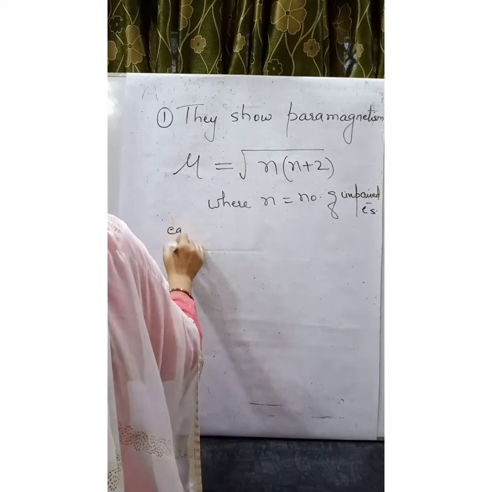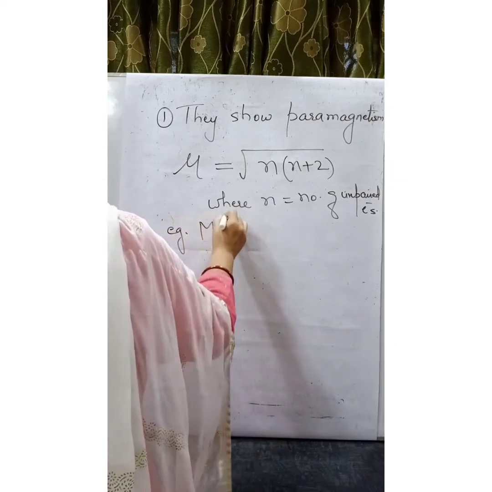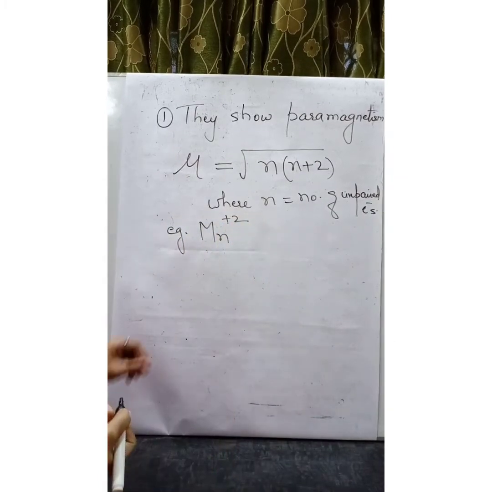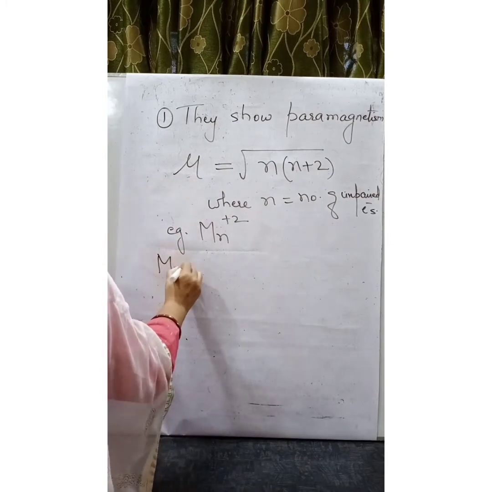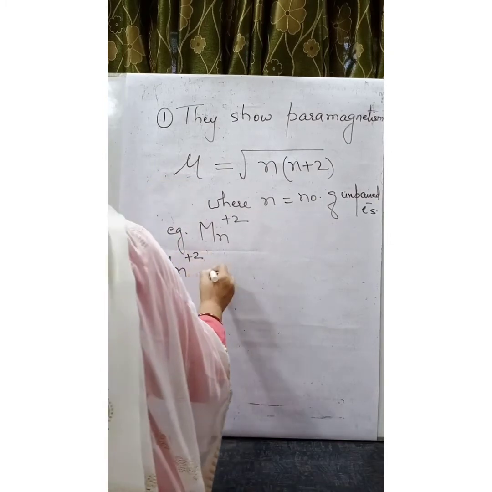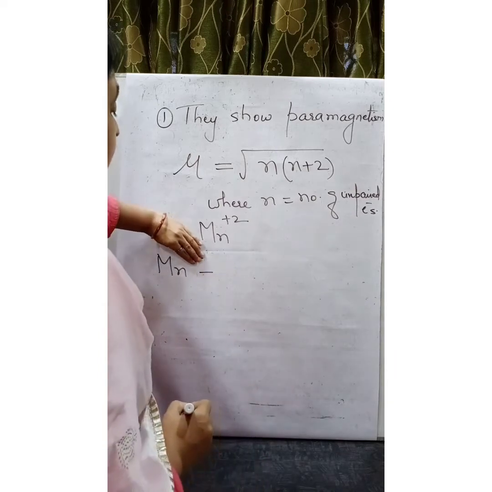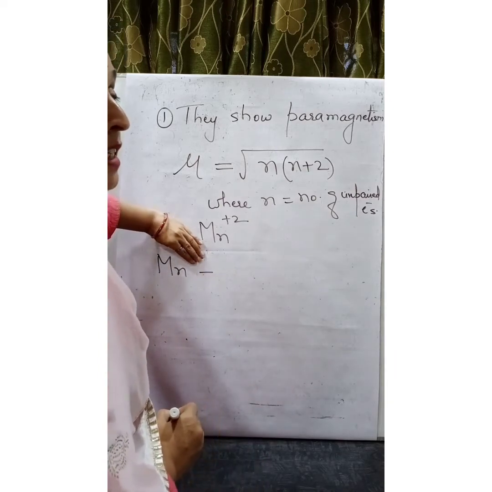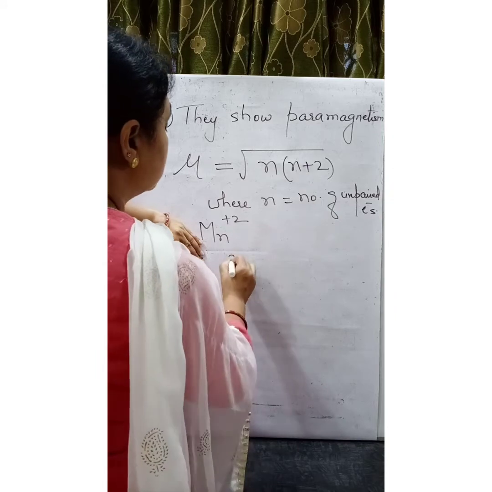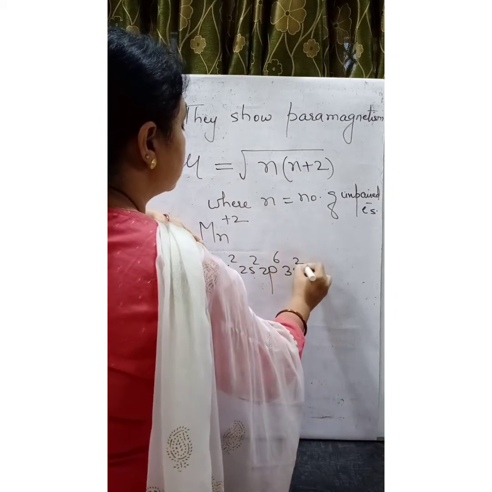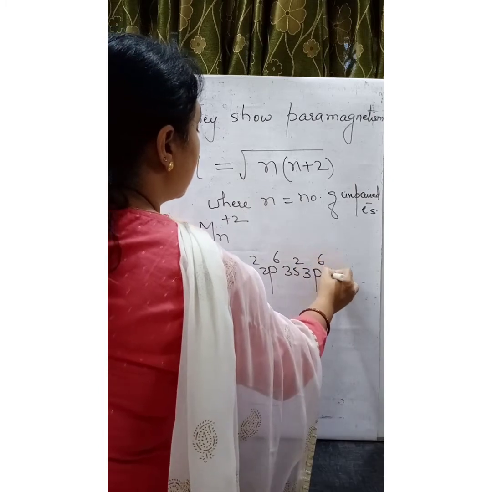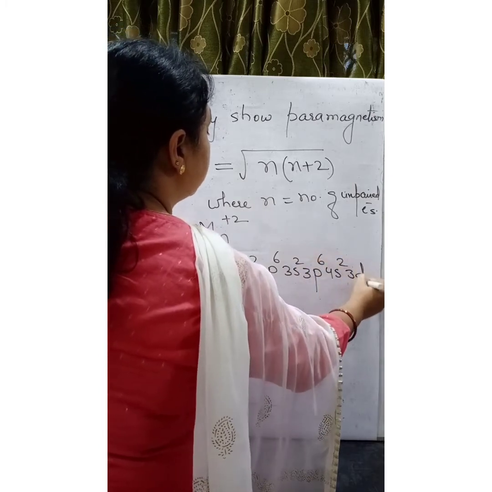For example, in case of Mn2+, if we want to calculate the magnetic moment mu, first of all put down the electronic configuration of Mn as an atom: 1s2, 2s2, 2p6, 3s2, 3p6, 4s2, 3d5.